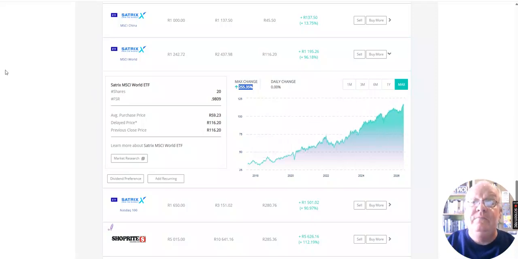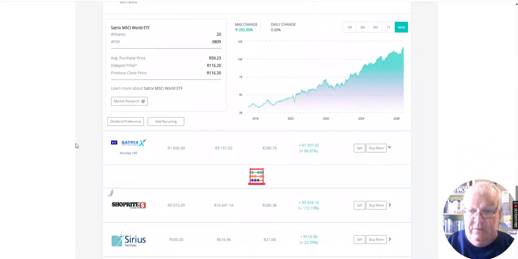And of course, not only do these shares go up, but because you're buying in rands, in local currency, you're benefiting from foreign exchange: if the dollar is strong and the rand is weak, the performance will be even better. So that's the first thing you can do. Look at a global ETF fund, and you can buy some of those.